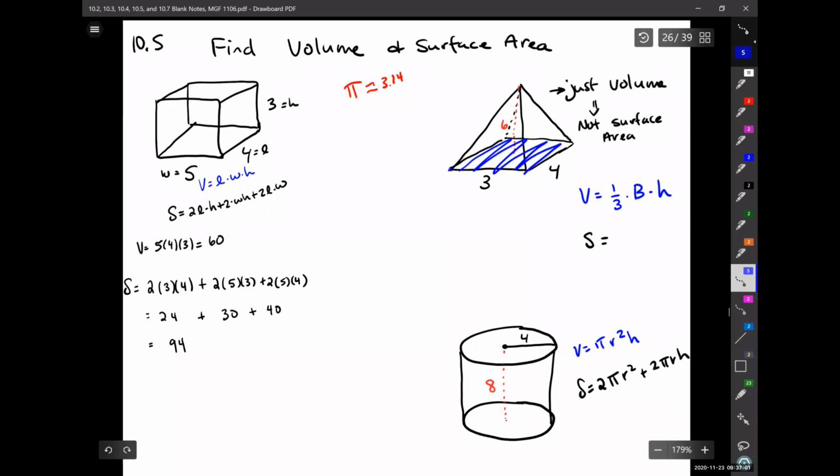So this base looks like a rectangle, width 3, length 4. So the area is then 3 times 4, or 12. So we would get 1/3 12 times 6. And I believe y'all agree with that to be 24.